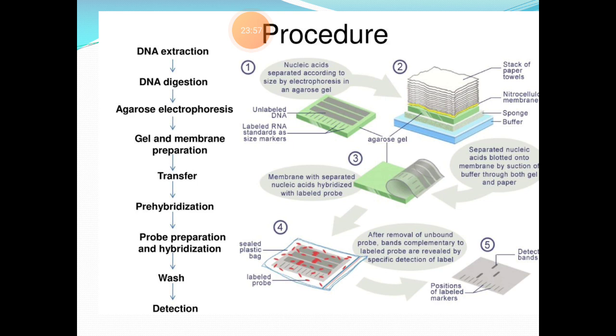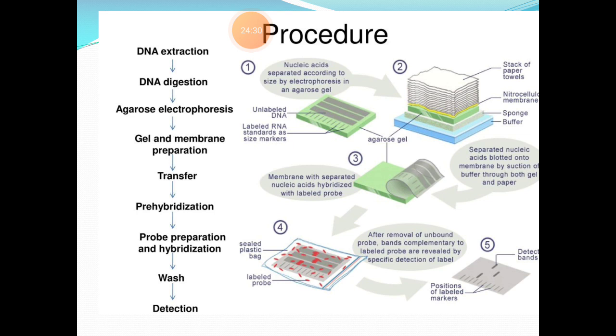Then after 16 to 24 hours, you will take out the NC paper, wash off the unbound probe, then subject it to autoradiography, and you will get the autoradiogram where you can see the banding pattern. This is exactly what is done in Southern blot and hybridization.